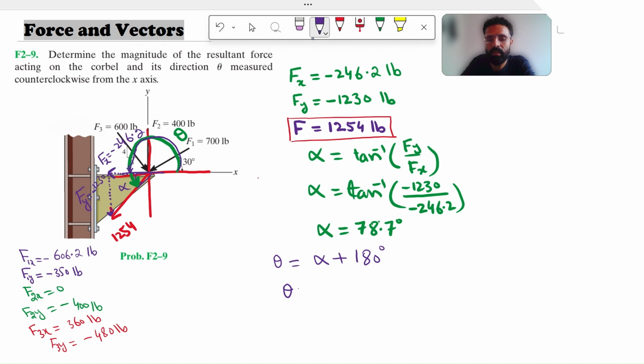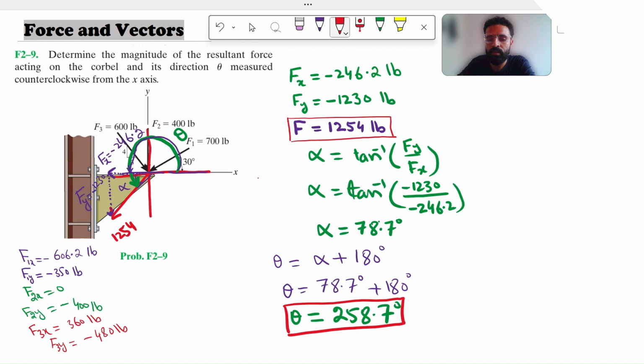So the angle measured from this x-axis counterclockwise will be equal to 78.7 degree plus 180 degree. So theta will be equal to 258.7 degree. So it means that we found the value of the resultant force and its direction.